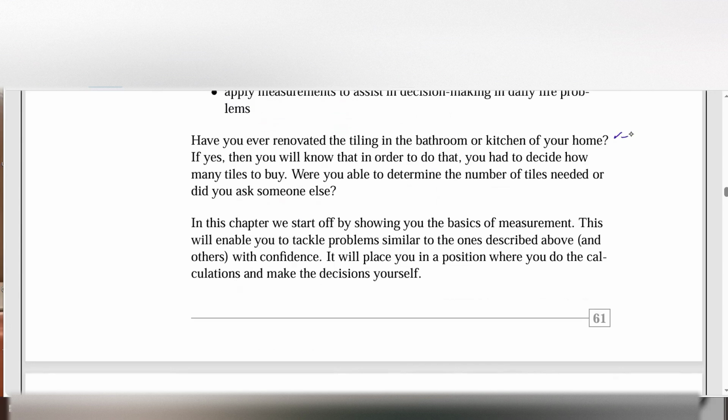No? Have you ever witnessed one? If yes, then you'll know that in order to do that, you had to decide how many tiles to buy. Were you able to determine the number of tiles, or did you have to ask somebody else? And so we start off by showing the basics of measurements, that will enable us to tackle problems similar to the ones that have been described.